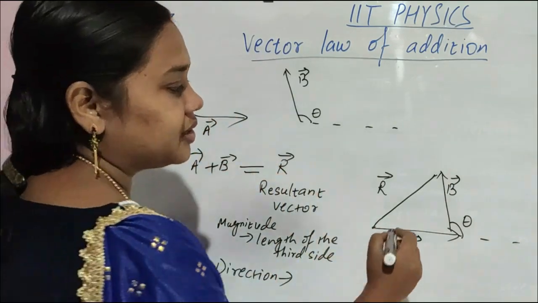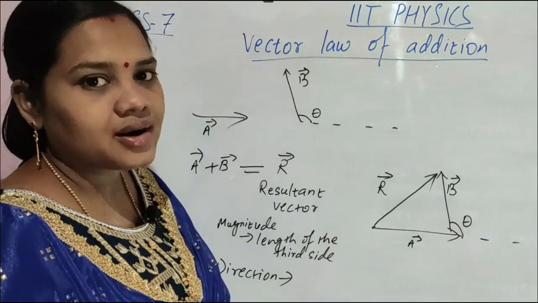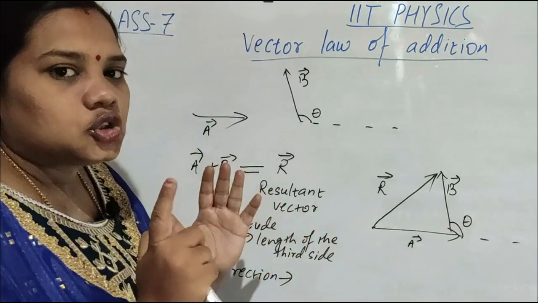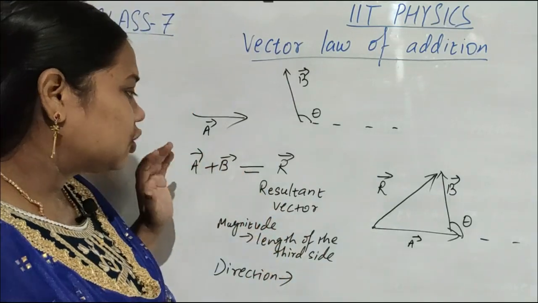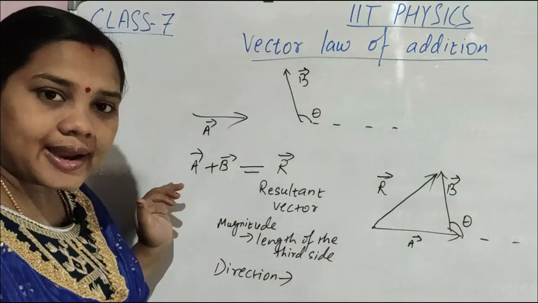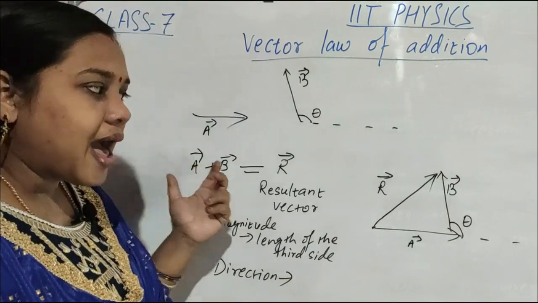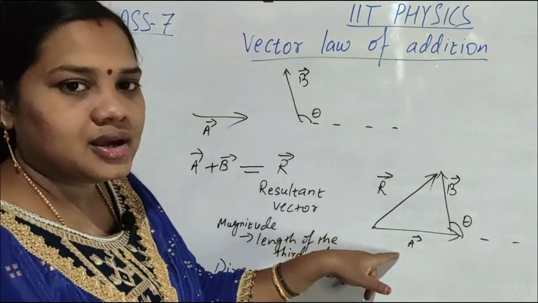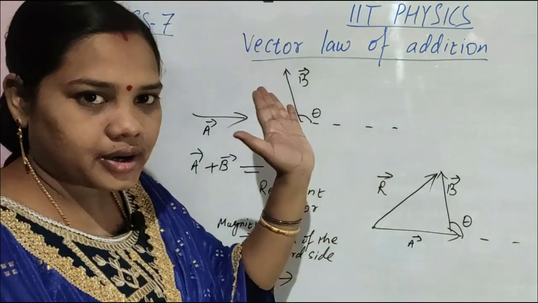The resultant vector should be in the opposite order. That is the triangular law of vector addition. According to the triangular law of vector addition, the two vectors which should be added, A vector and B vector, act as two sides of a triangle in the same order. See, same order.